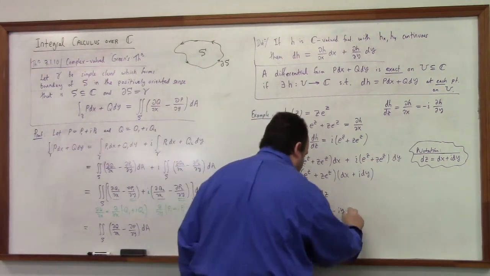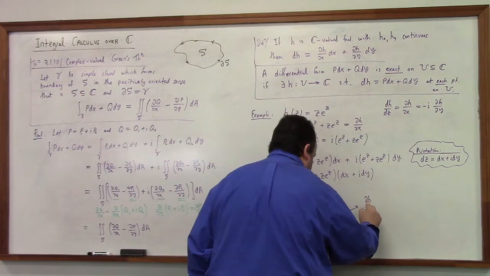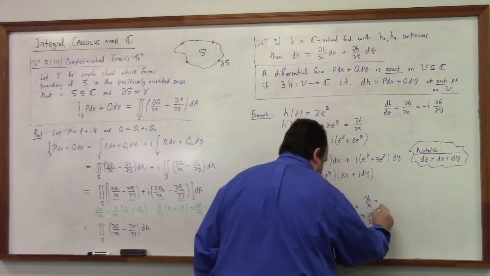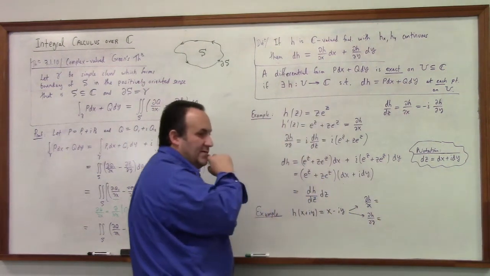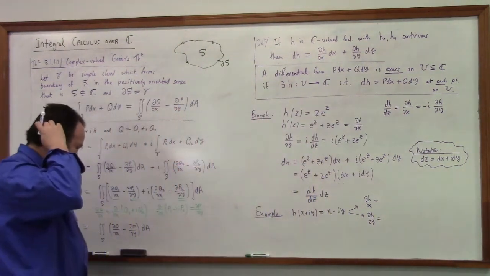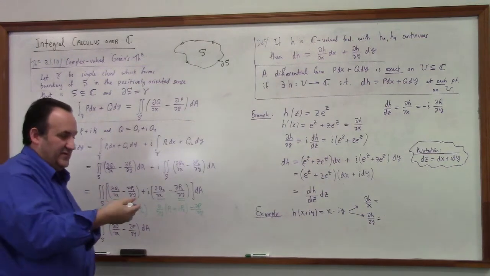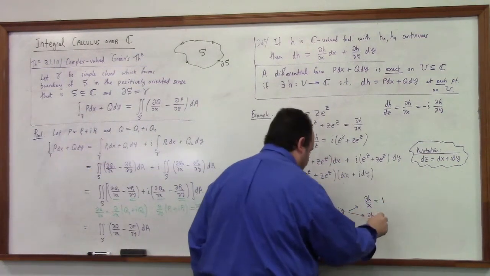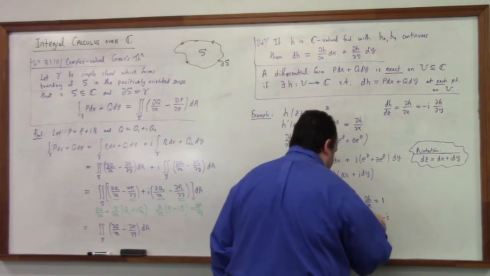Then this gives you partial h partial x, partial h partial y, which are what? Partial h partial x is just 1, right? Partial h partial y is minus i, yeah?